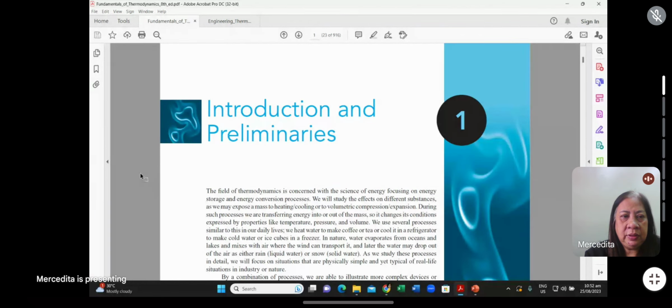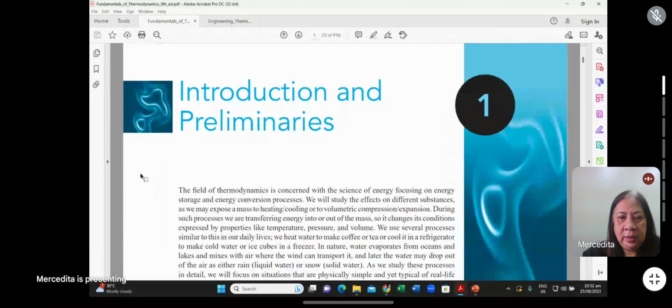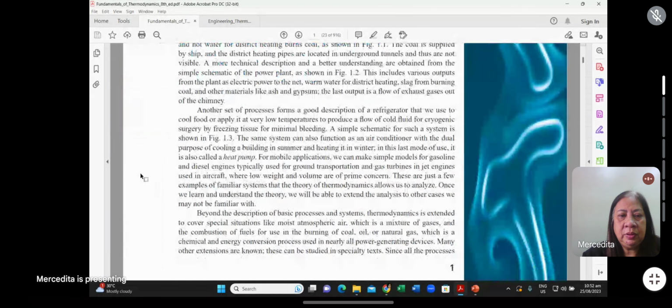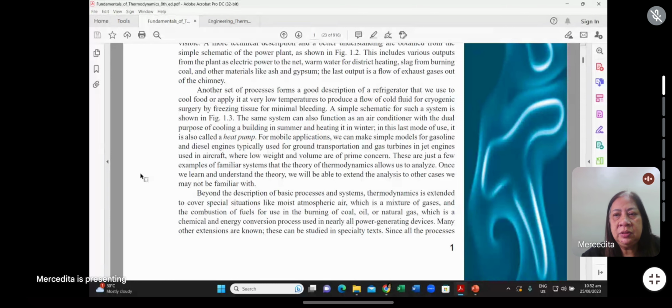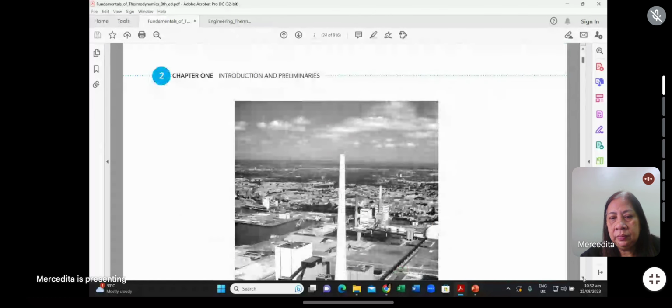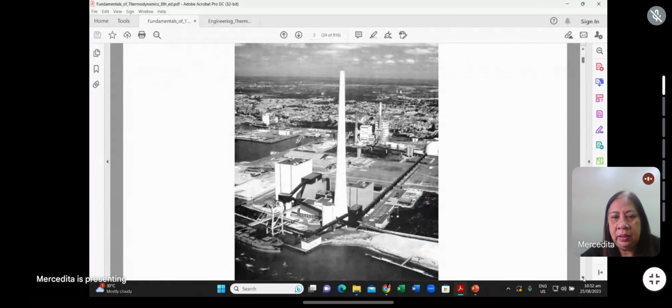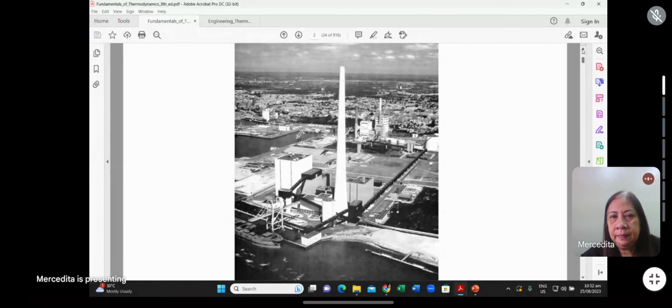Preliminaries. This is our textbook. Yan. So makikita nyo sa chapter 1 are all definition of terms. And of course, in relation with thermodynamics.